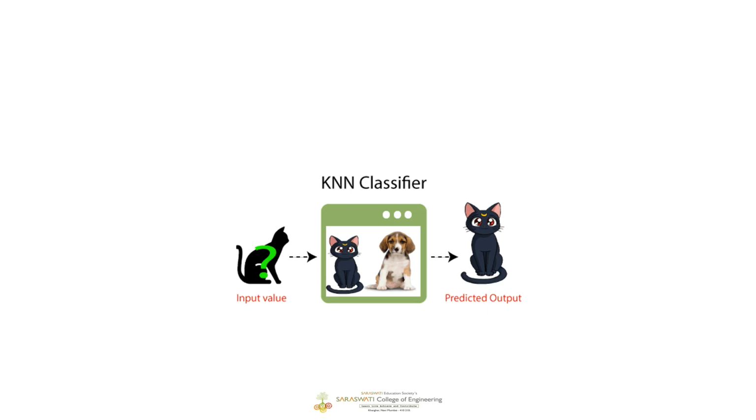Let's take an example. Like if I have a KNN model which has input of cats and dogs. Now I have a new input value which is a cat, but this cat is similar to this cat, but it is not the same. And we have features of dogs also in our input data set.